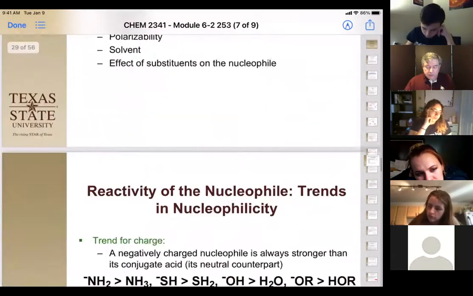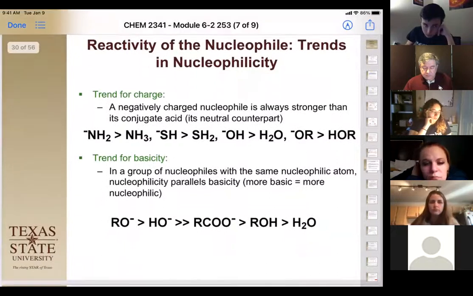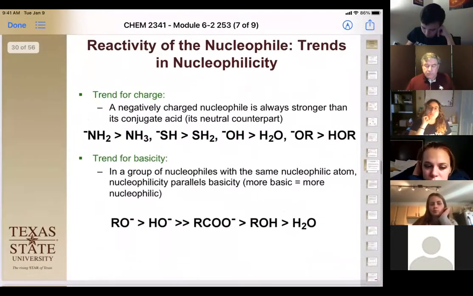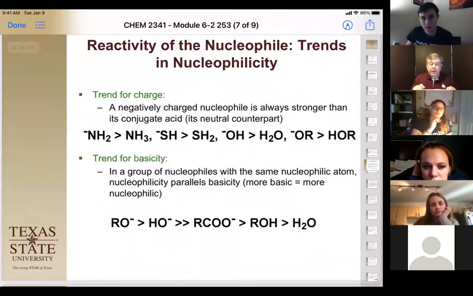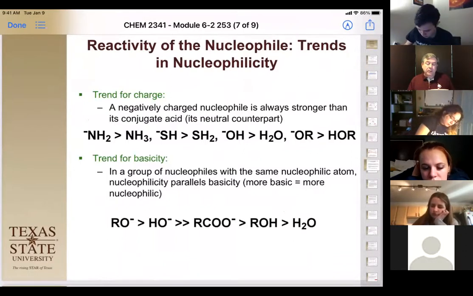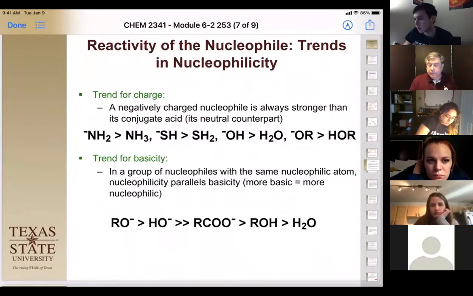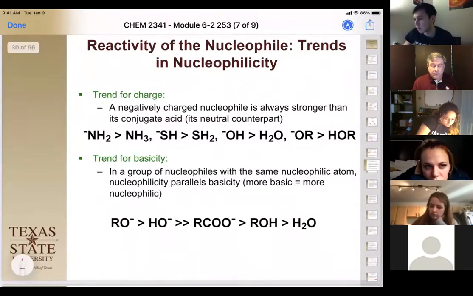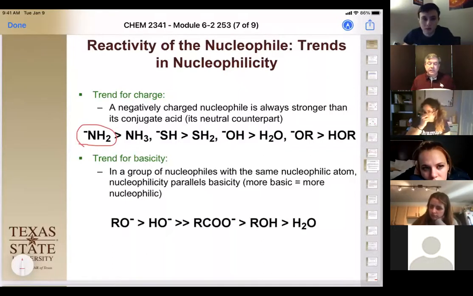I'm going to go over these briefly. The negatively charged nucleophile is always stronger than its conjugate acid. The weaker the conjugate acid is, the better a nucleophile it's going to be.